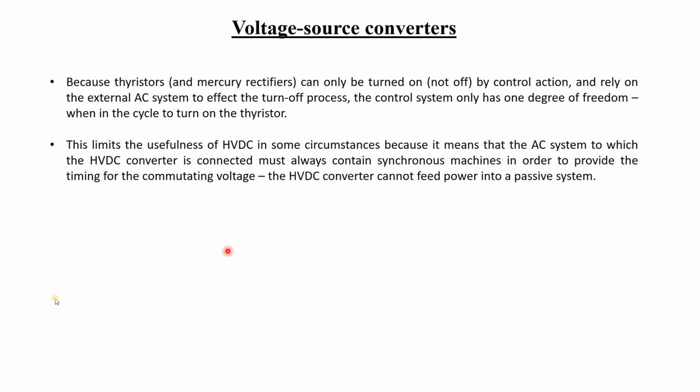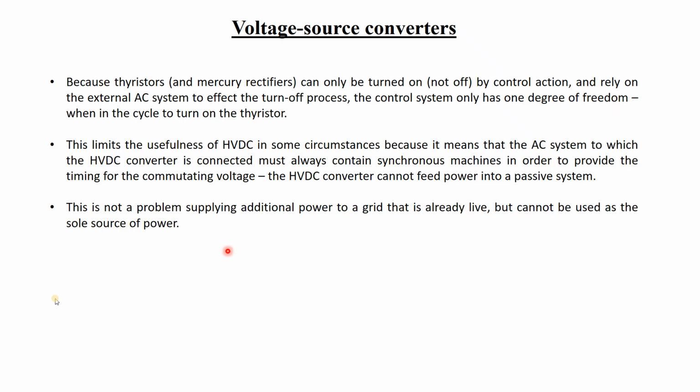Why? Because it needs continuous supply. You cannot turn it off, it needs continuous supply. This is not a problem for supplying additional power to a grid that is already live, but it cannot be used as the sole source of power.